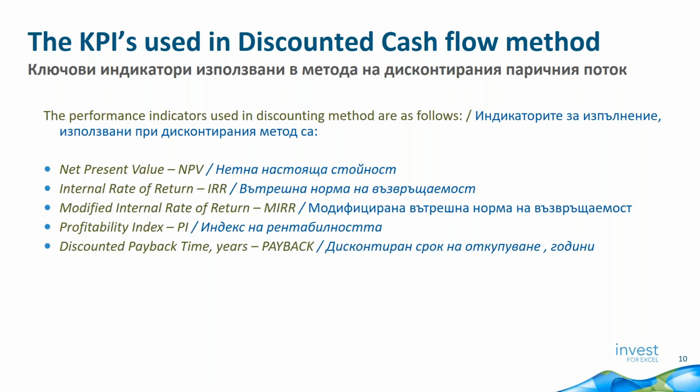I don't have time to explain these ratios in detail now, but it will be included in the material that will be sent to you, or you can download it now also from the webinar page.